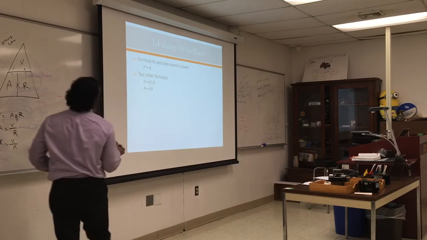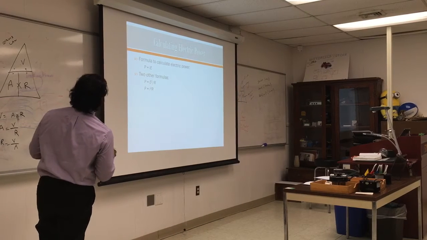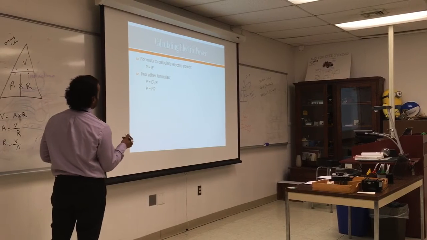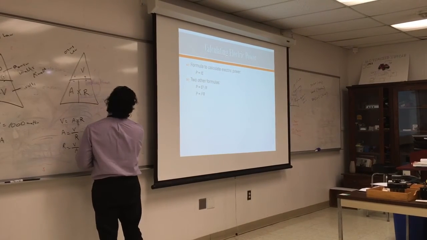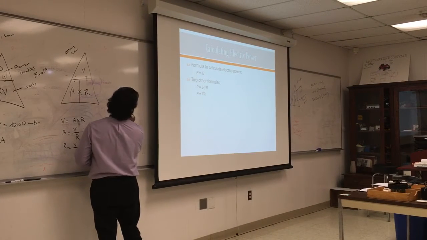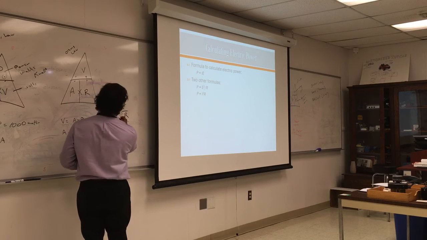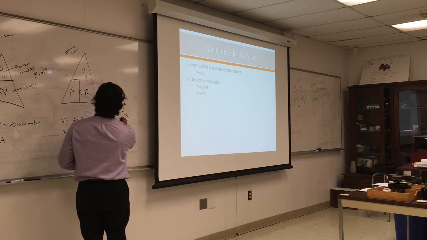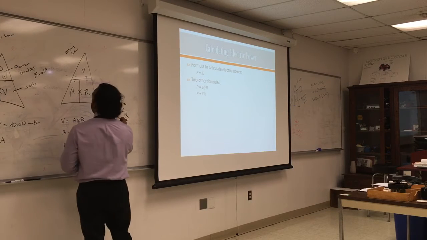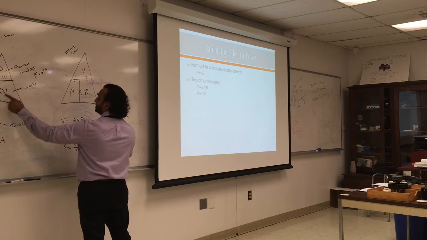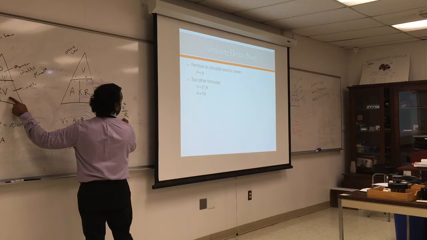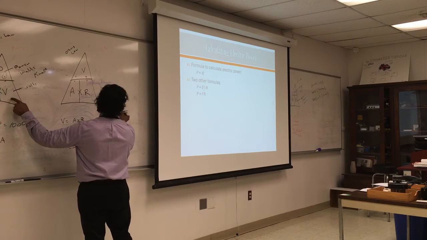If you want to find power with only the voltage and resistance, power equals voltage squared over resistance. Why? Assuming we don't have the amperage, because power requires voltage and amperage, and I will have the resistance in this triangle.